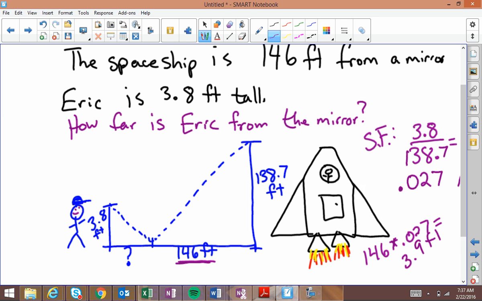So Eric is 3.9 feet from the mirror. Again, gotta make sure this makes sense. I'm going from my big triangle to my small triangle, so I'm decreasing in size, and 3.9 is a lot smaller than 146.